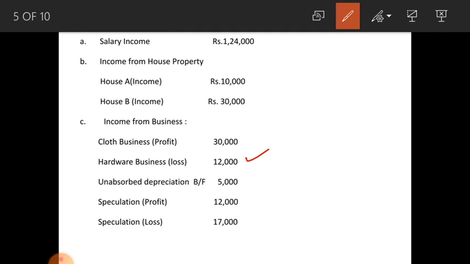Next, unabsorbed depreciation brought forwarded to next year, this year 5,000 is there. This is business loss. This can be set off against other business income. Next one, speculation profit 12,000 and speculation loss also there for 17,000.